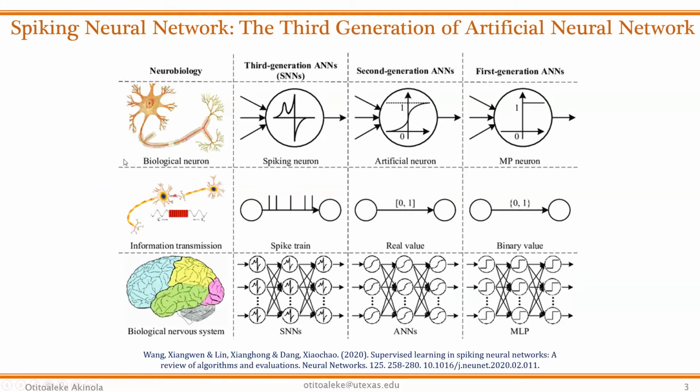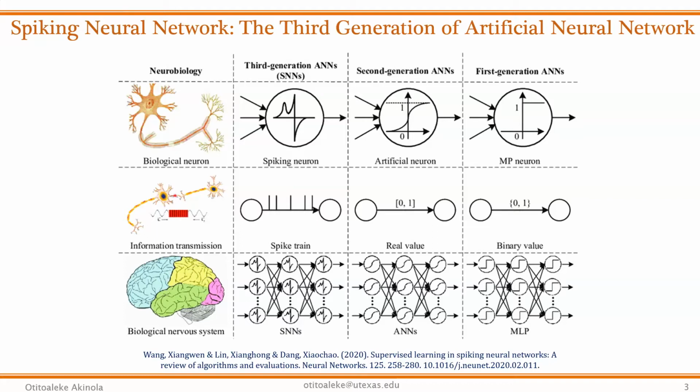What do I mean by spiking neural network? A spiking neural network is a third generation artificial neural network that captures the functionality of the brain more accurately. This is an improvement over the first and second generation ANNs, in that in the first generation ANN, which is the McCulloch-Pitts neuron, signals are in the form of zeros and ones, binary states, whereas in the second generation ANN, signals are in the form of real values between zero and one.